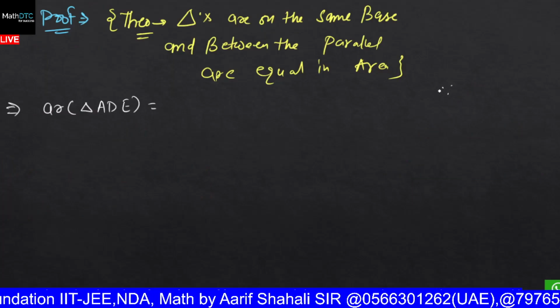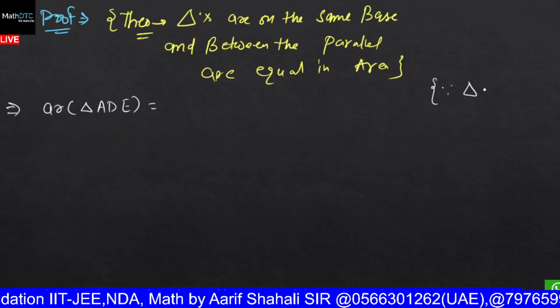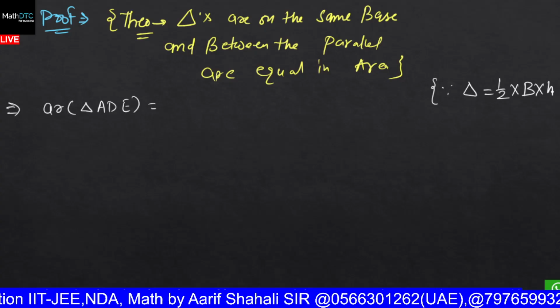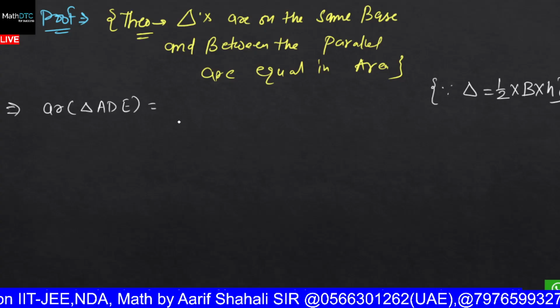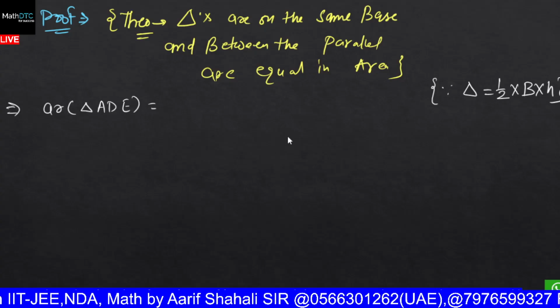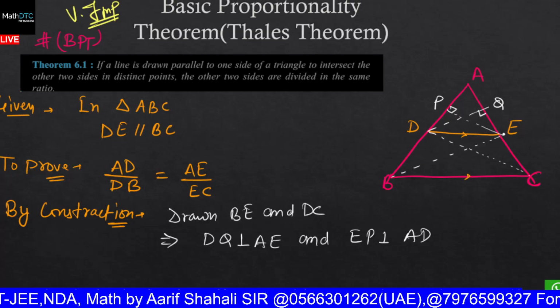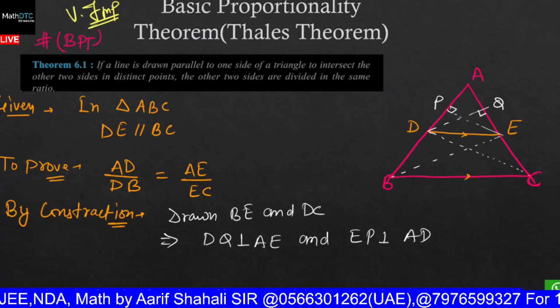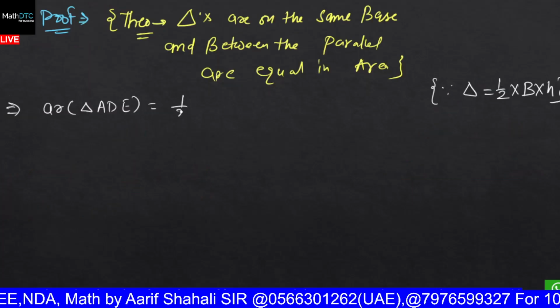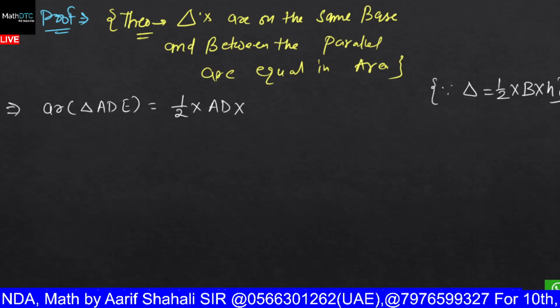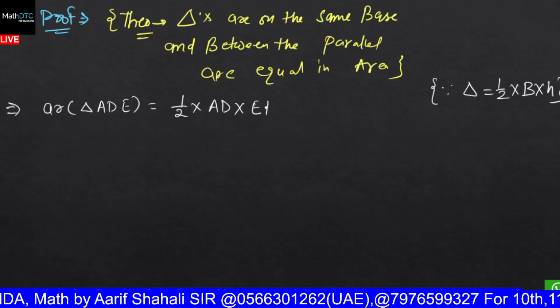I write down here, the area of triangle is equal to half into base into height, right? So from here you can observe the base is AD and the height is EP. Area is 1 by 2 into base AD into height EP.